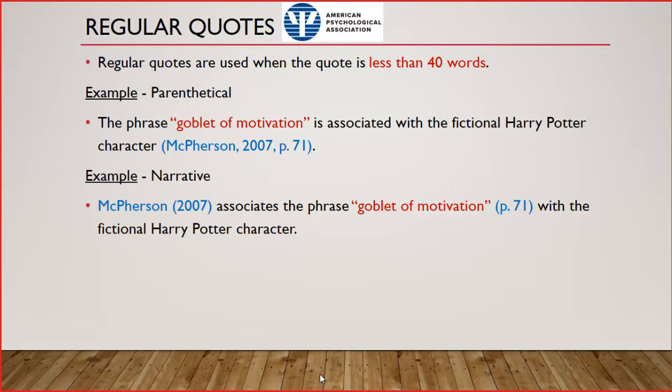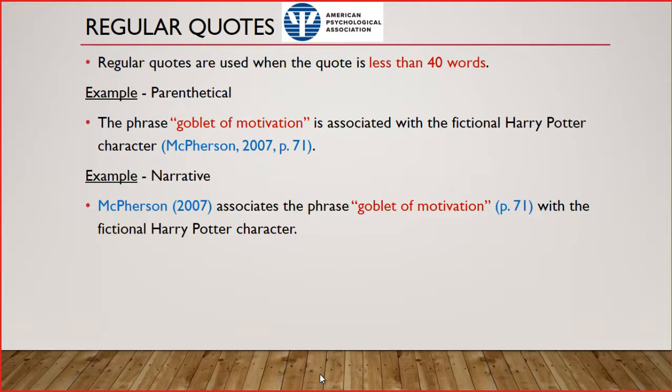So when you add the citation Macpherson 2007 as part of the sentence, that is what we call narrative. If it is separate, similar to the first example, that is parenthetical.